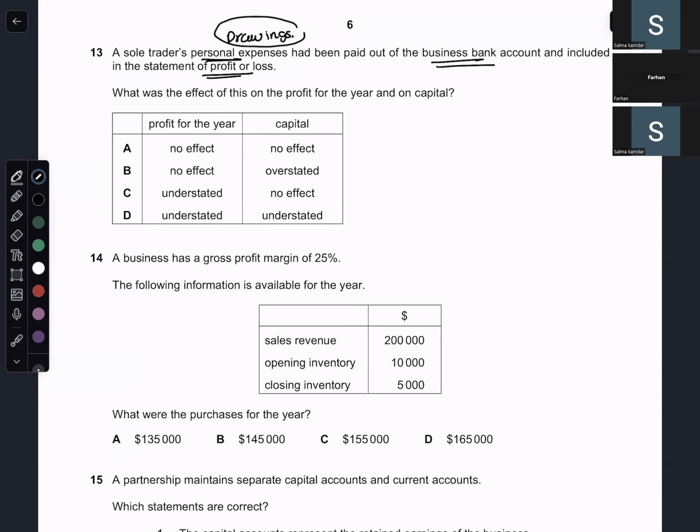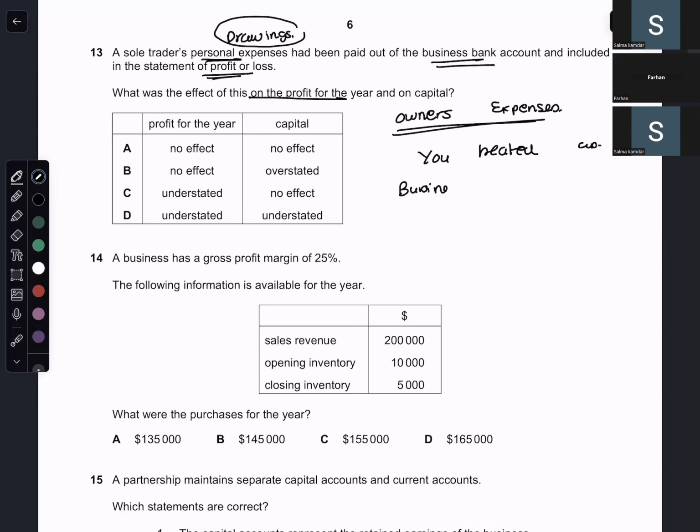Is the owner's personal expense ever to be included in the statement of profit or loss? No, this is the owner's expense. You treat it as drawings, but you treated it as a business expense.